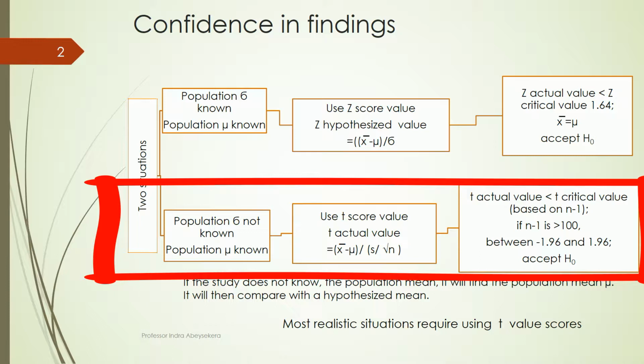When we look at the t-value table, it gives us the degree of freedom, which means sample size minus 1. So 100 observations means 100 minus 1; more than 100 observations means sample size minus 1.